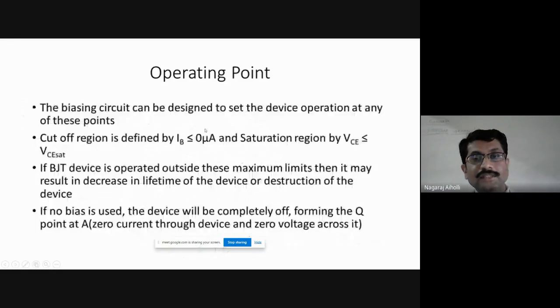The biasing circuit is designed to set the device operation for these points, that is A, B, C, and D. Cutoff region is below IB equal to 0 microampere, and saturation region is where VCE is less than VCE saturation. We can operate the BJT transistor in saturation or cutoff region also.